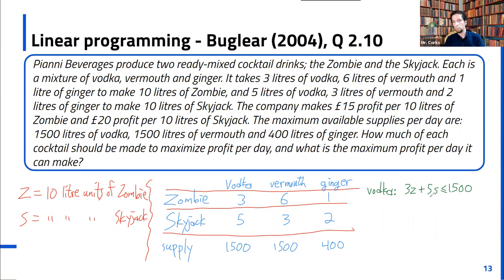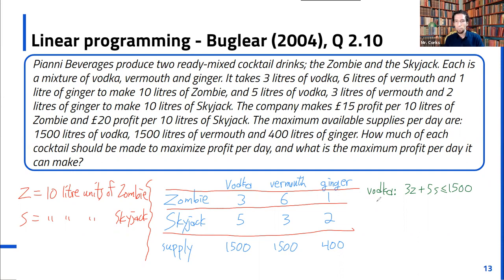So 3 times Z. Each time we make one S, one unit of Skyjack, we need 5 liters of vodka. So these are the 2 ways that we use up this total supply, and the amount that we're using must be less than or equal to 1,500 because that's how much we have available.